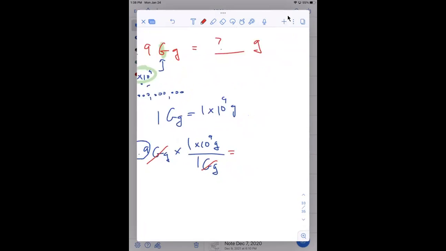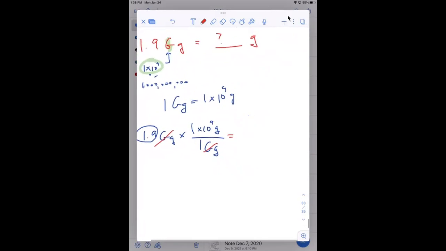All right. So that's going to be 1.9 times 10 to the ninth grams. Now, how many sig figs do we want here? 1 sig fig. What can we do?